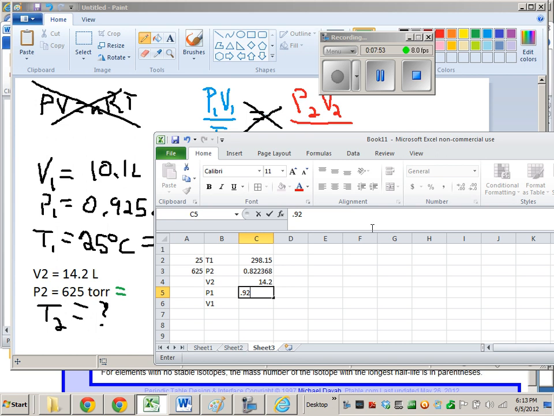P1 is 0.295 atmospheres, and V1 is 10.1 liters. Okay, so I'm... Yes, 0.822, that's the pressure in atmospheres.